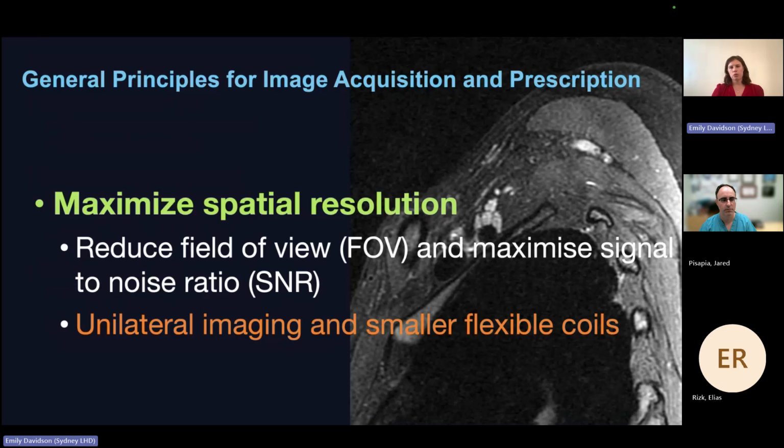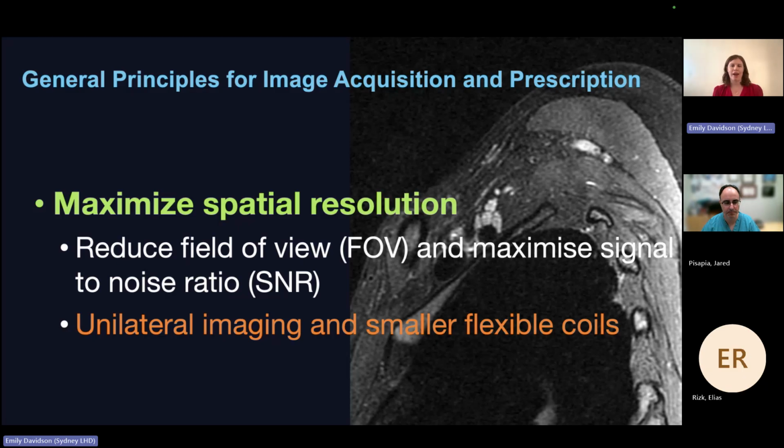So the general principles for MR neurography or MRI of the nerves is to maximize the spatial resolution. And spatial resolution is the ability for us on a picture to be able to distinguish two separate structures on one slice. And in order to be able to do that, we have to reduce our field of view and maximize our signal to noise ratio.